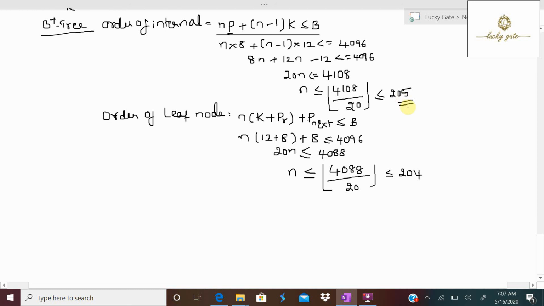Here the order of the internal node is the number of pointers, and the order of the leaf node is the number of index records. Now the question is, what is the minimum number of blocks to access a record? That means how many minimum block accesses are required.